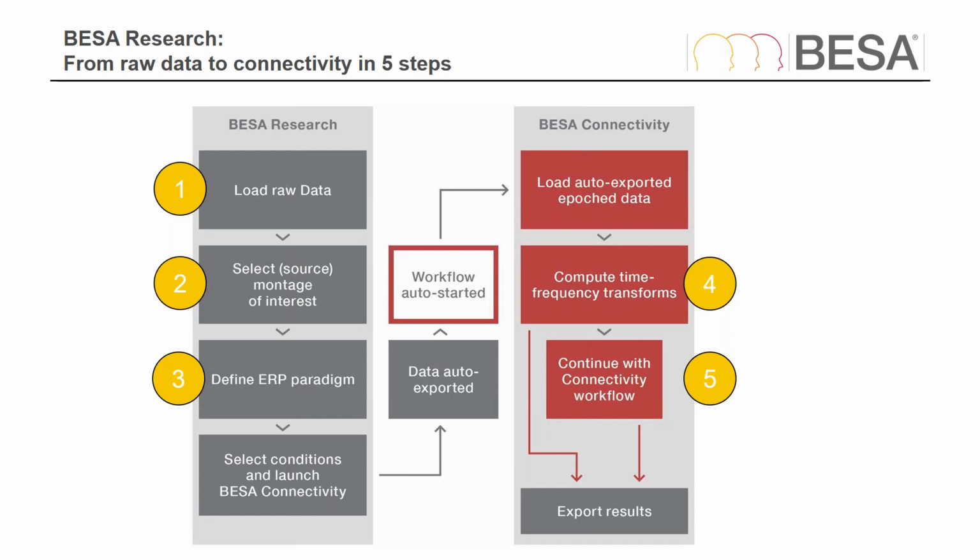We then define a condition there, and this condition will tell us which trials will be analyzed. Then we launch the BESA Connectivity program, which takes us into the workflow to compute time frequency transforms. That's step number 4. And finally, we continue with the connectivity workflow.